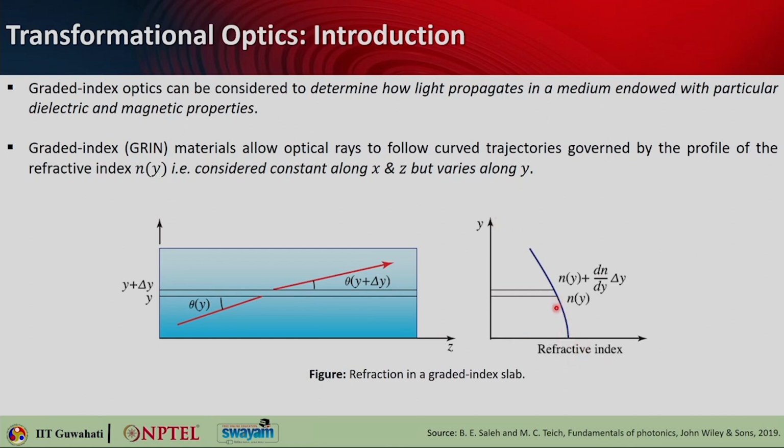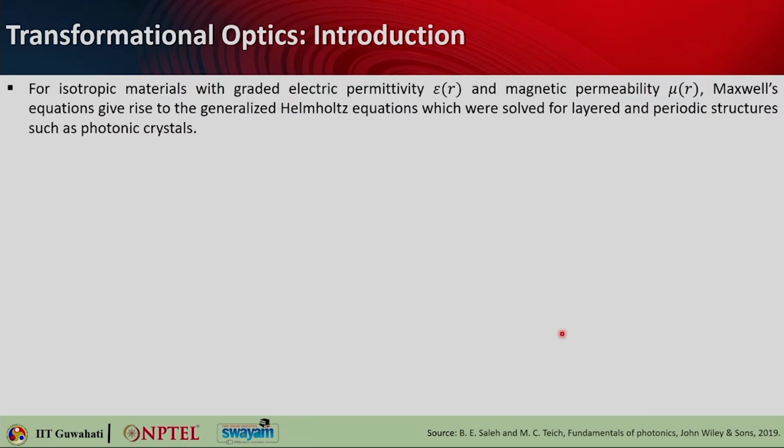At a height of y it was N(y), and at a different height the refractive index changes to N(y) plus the slope of the refractive index profile, dN/dy, times how much you have changed along y, delta y. This gives you the new refractive index at this particular point. So graded index materials allow you to direct light.